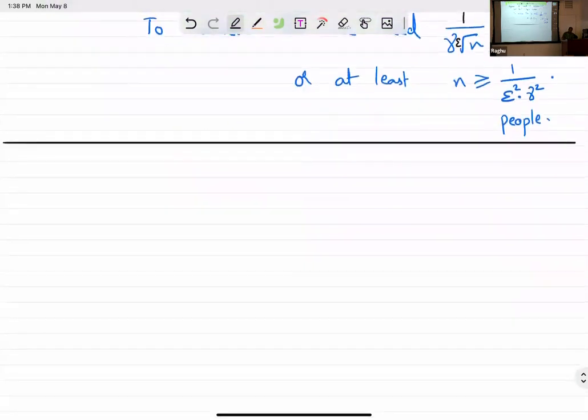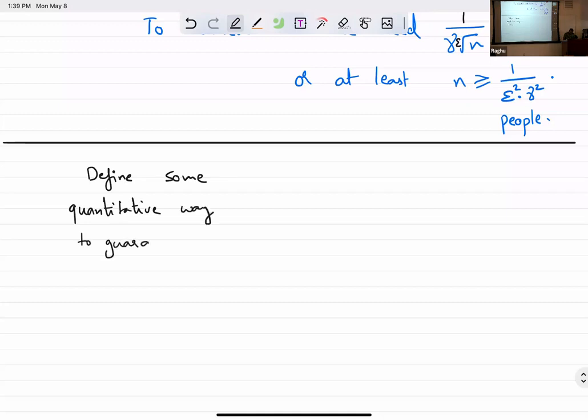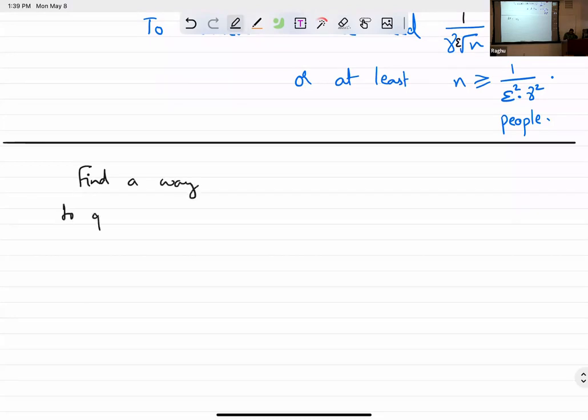All right. So what we would need to do going forward is find a way to quantify privacy.